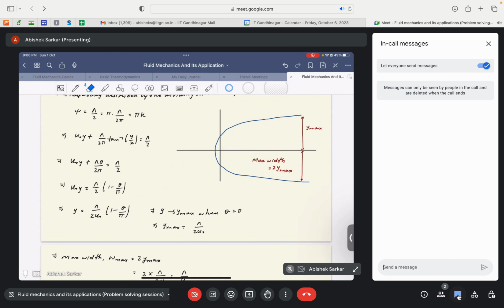Okay, sorry. So if x tends to infinity, I'll just write it now. This would give us u naught y max plus lambda by 2 pi tan inverse 0. Since tan inverse 0, it is in the positive x direction, so this will be equal to 0. So y max would be equal to lambda by 2 u naught. Okay, similar result.